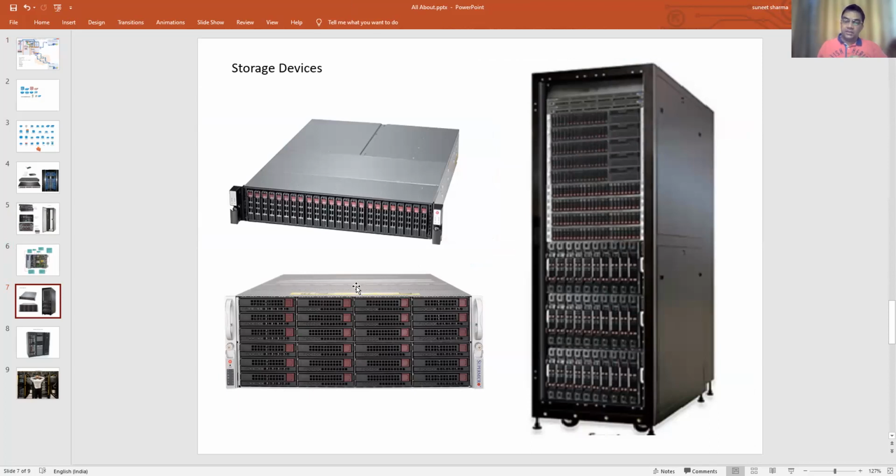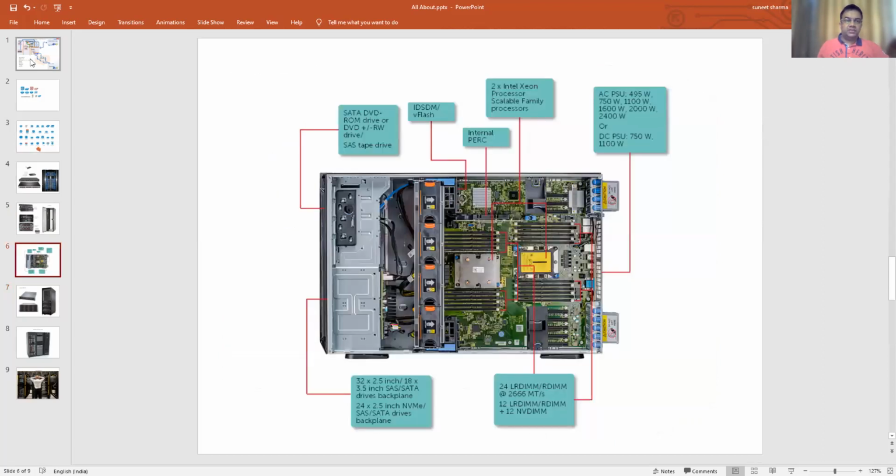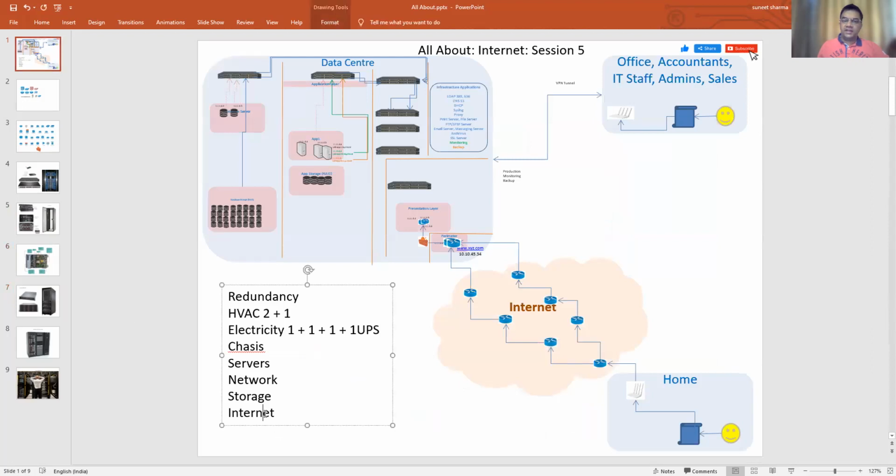These storage devices are much more robust, because all of the servers and all of the applications are storing data on the storage device. If this goes down, it will be a big impact. So it has two backplanes and, of course, multiple connectivity channels. Let's continue and see the storage and then the internet.